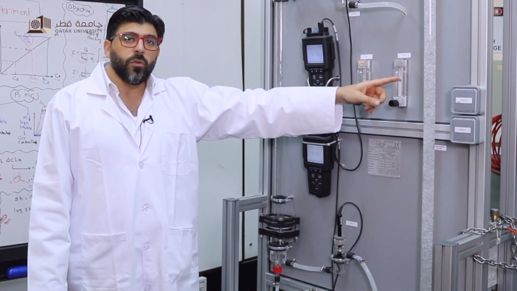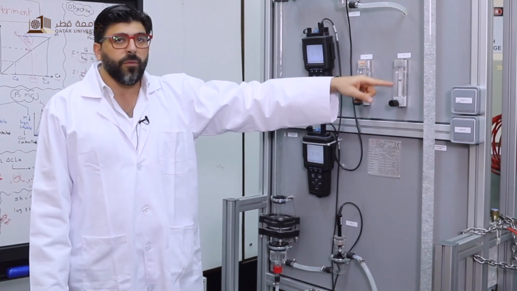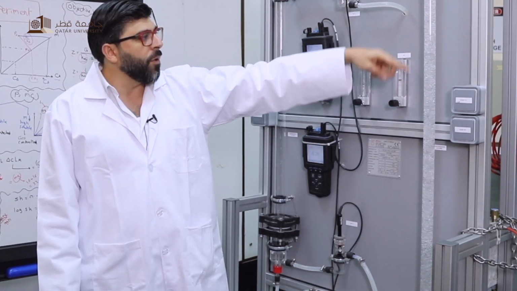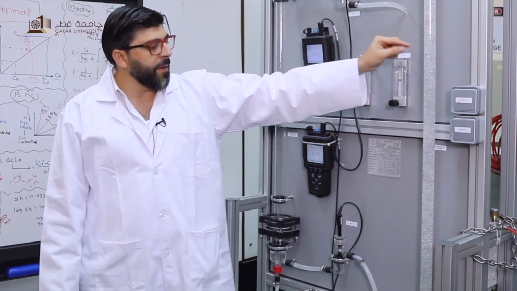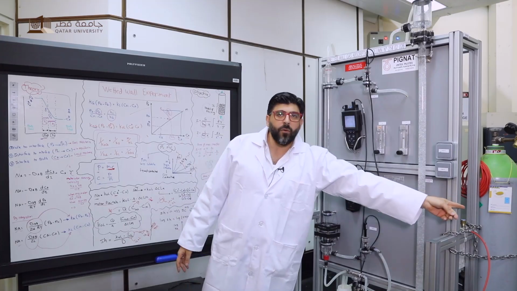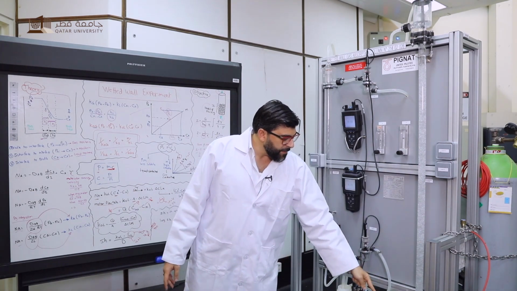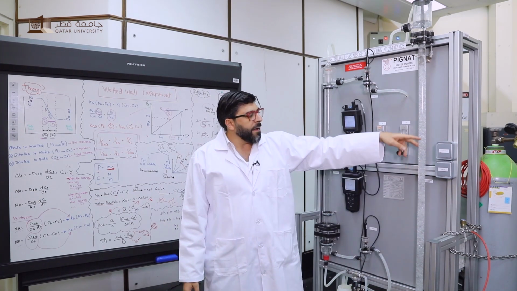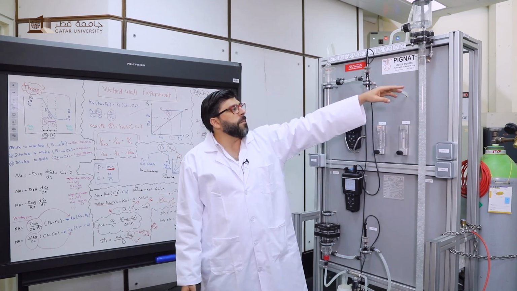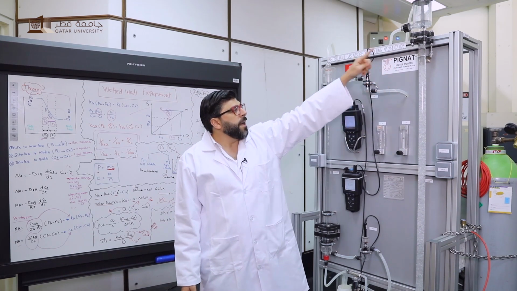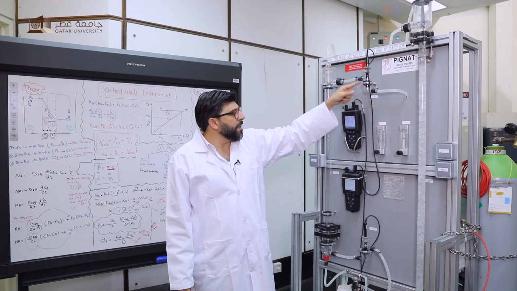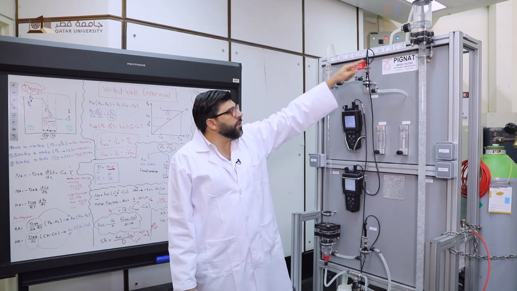In order to remove the oxygen from the water, we have this packing, and we have this nitrogen cylinder. The nitrogen gas purges the oxygen, so the oxygen will be removed from the water, and we can test the amount of oxygen from this probe.